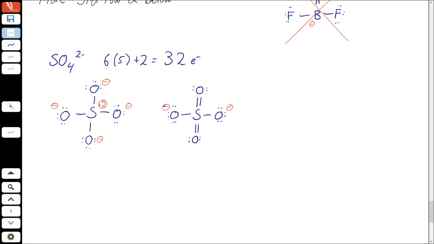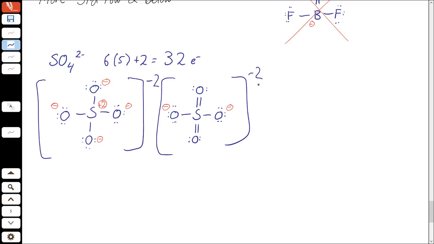But that's okay, because it's a 2- ion overall. The formal charges all have to add up to the overall charge of the ion. So in both these cases, we have an overall -2 charge, which we would expect. But the second structure minimizes the formal charges.